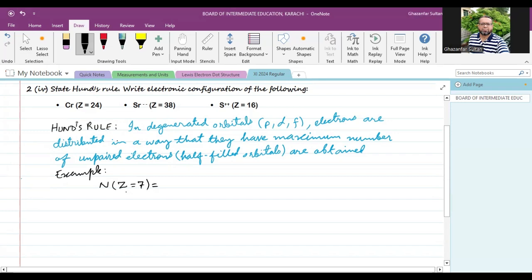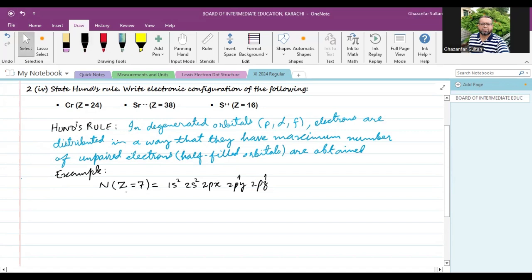It can be written as 1s2, 2s2, and if you write p in separate orbitals, p subshell has 2px orbital, 2py orbital, and 2pz orbital. So the remaining 3 electrons should be accommodated like this.